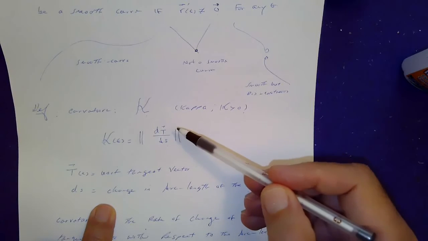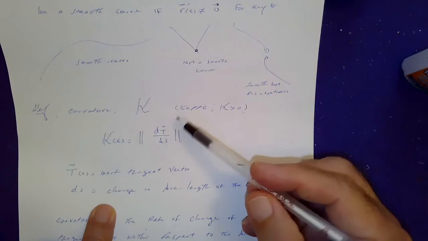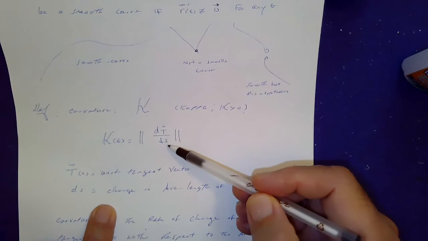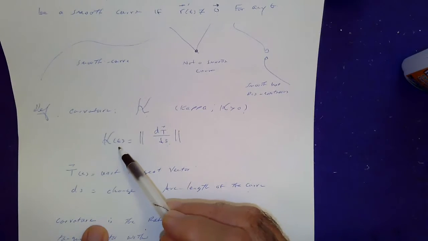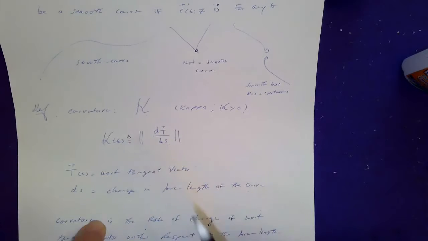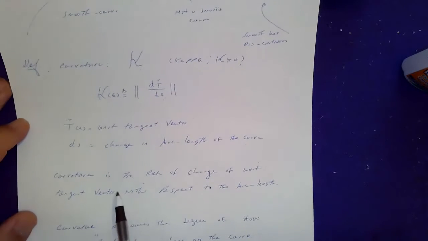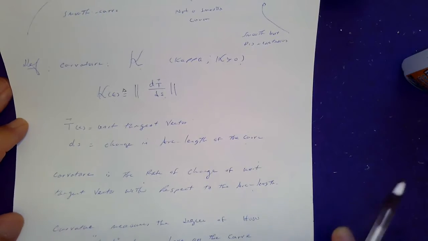So the magnitude of the rate of change of the unit tangent with respect to arc length is by definition the curvature. So curvature is the rate of change of the unit tangent vector with respect to arc length.